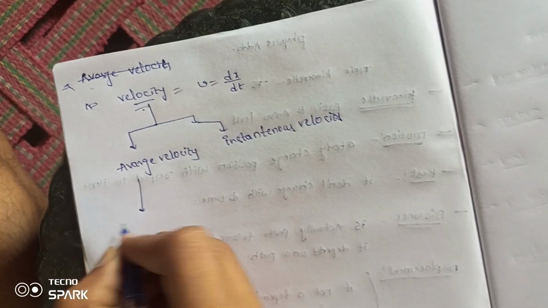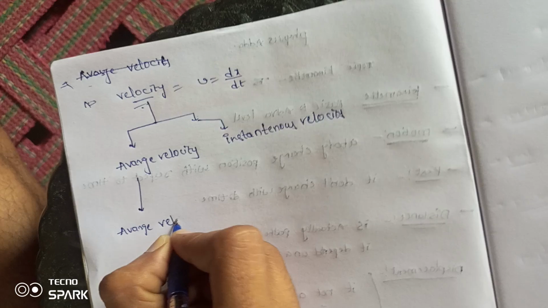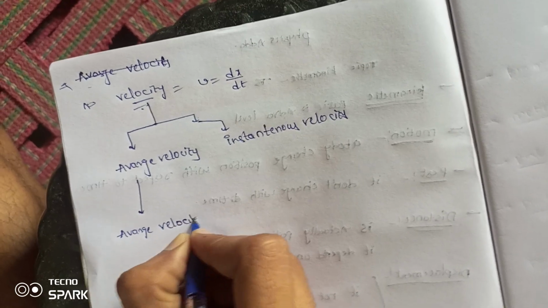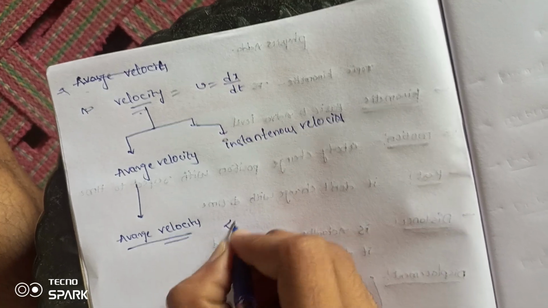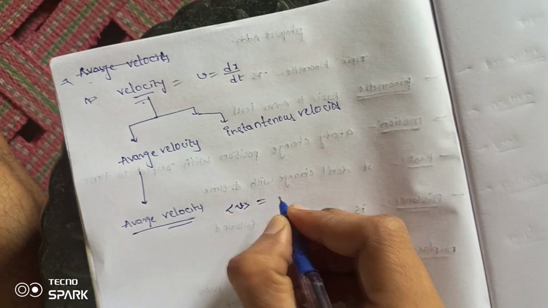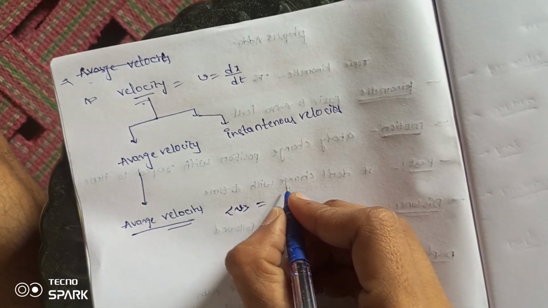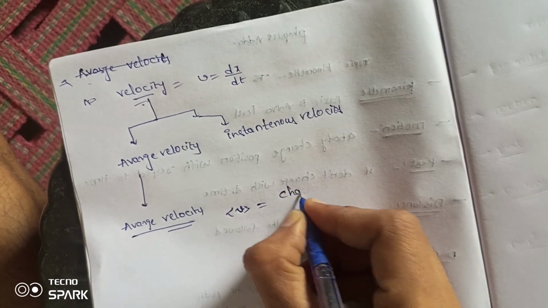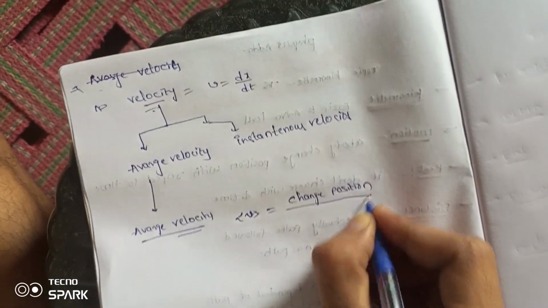What is meant by average velocity? Average velocity is denoted by v equal to change in position by total time.